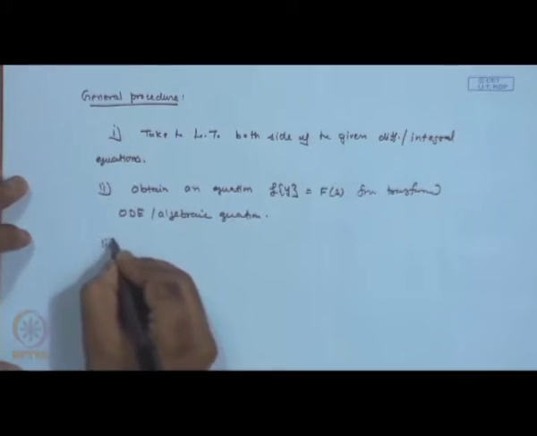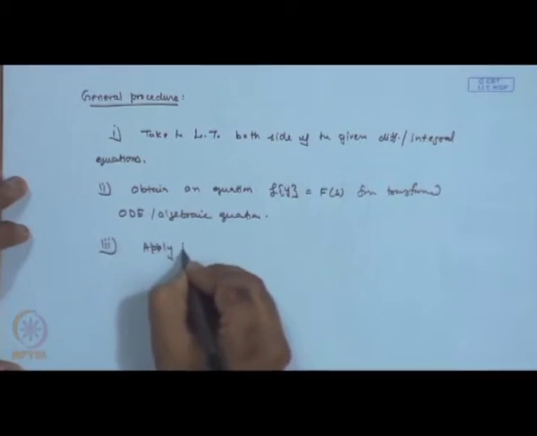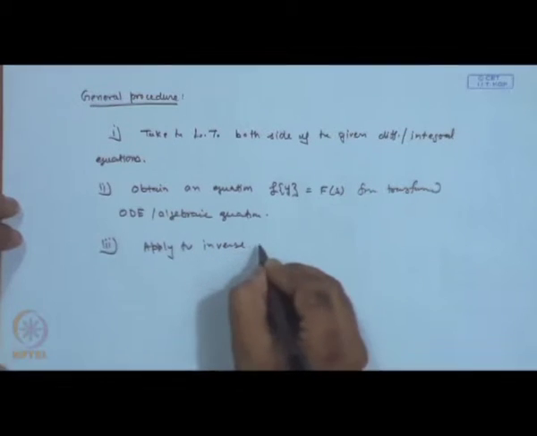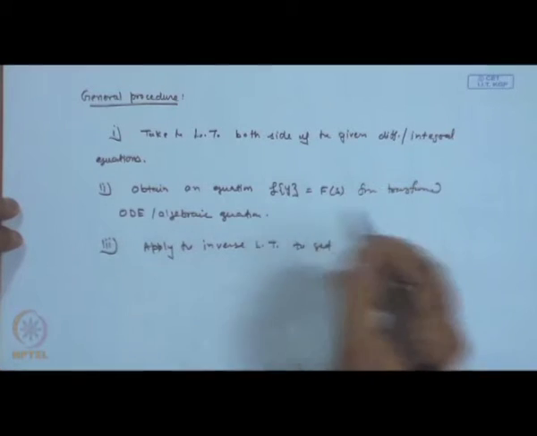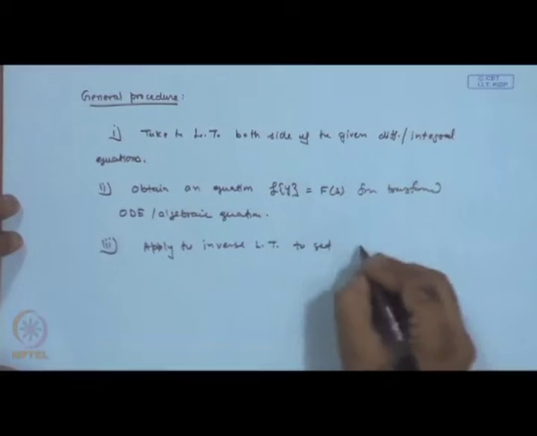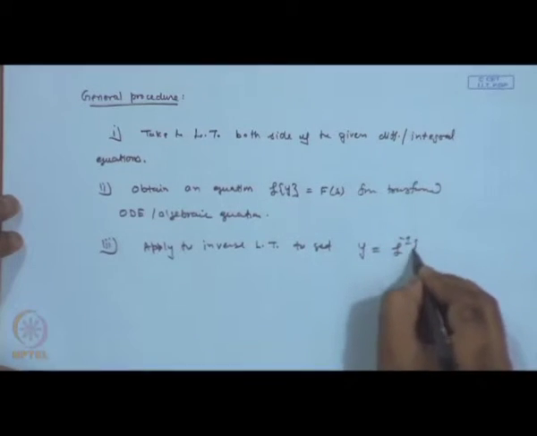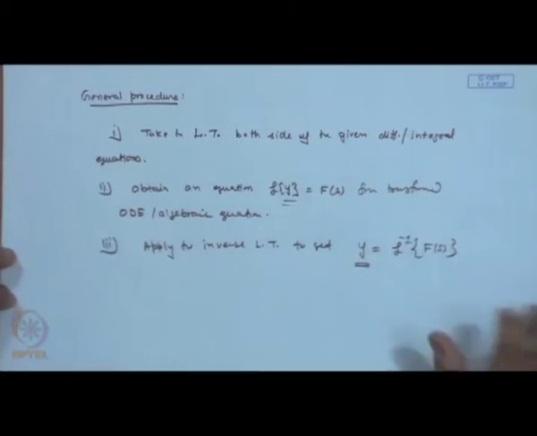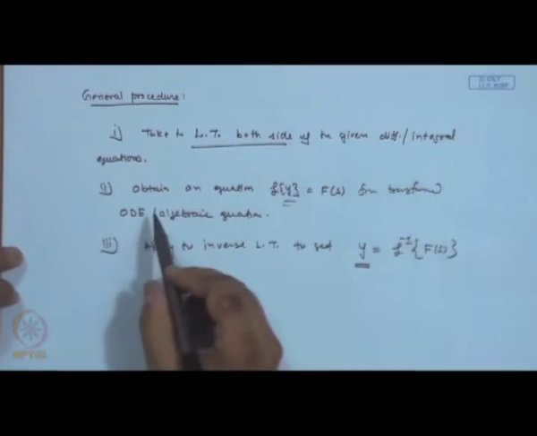And third step, we will apply the inverse Laplace transform to get the solution of the original problem. So, y is the Laplace inverse of F(s), and y is our unknown in the differential equation. There are basically three steps. First, we take the Laplace transform on both sides of the given differential equation.